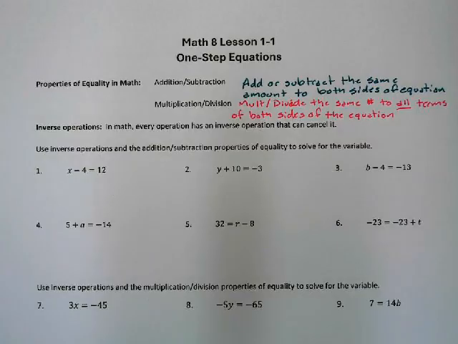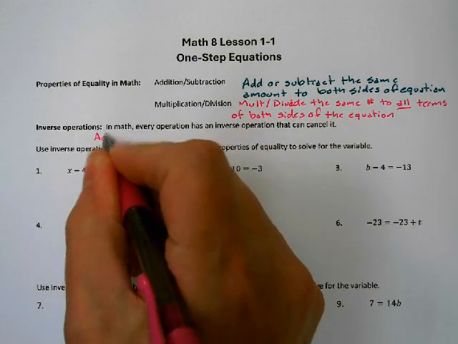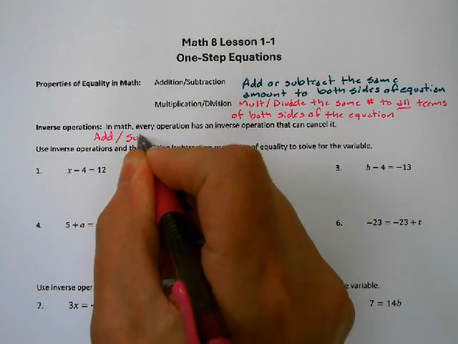All right, inverse operations. Inverse operations mean that in math, everything has an operation that undoes it or cancels it out. This is called an inverse operation. We know that adding and subtracting are opposites of each other. Those are inverse operations.